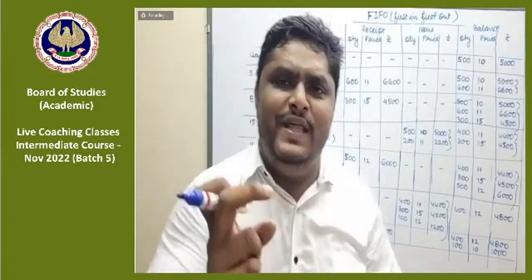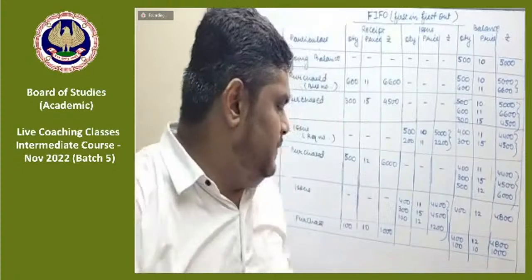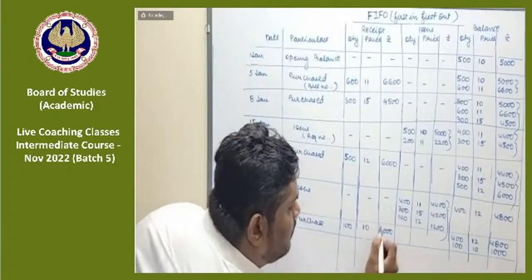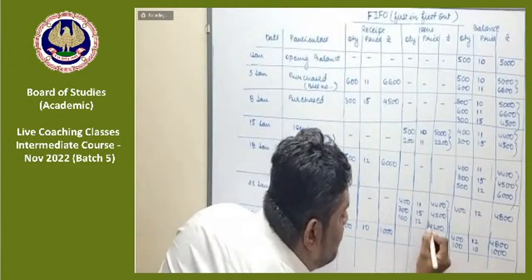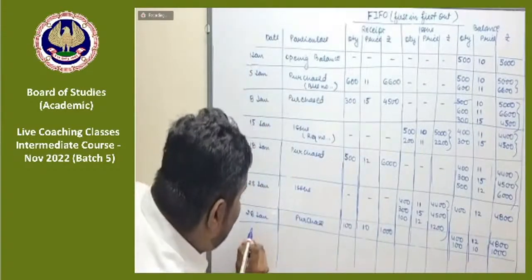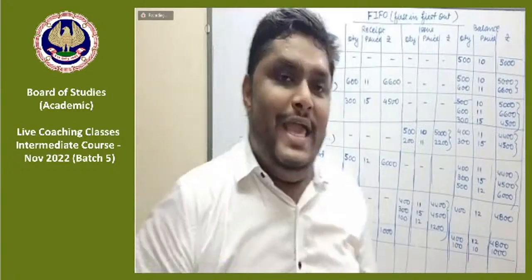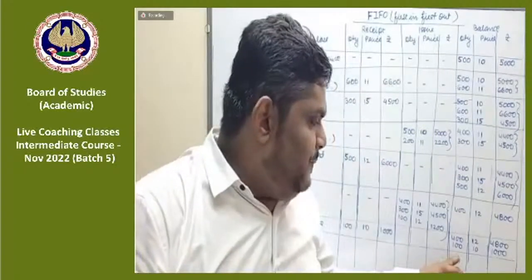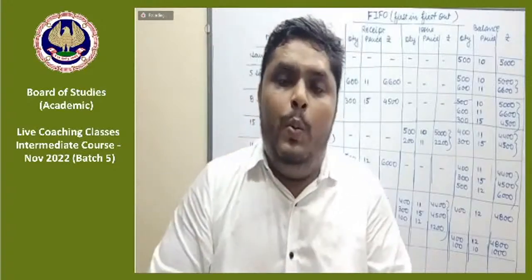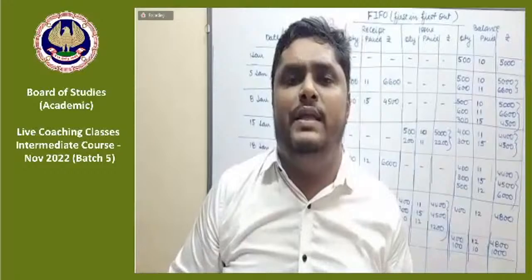Now every company checks the physical stock against the records. Let's say as per the books, we should have 500 kgs of raw material. But after physical verification, there is a shortage of raw material.